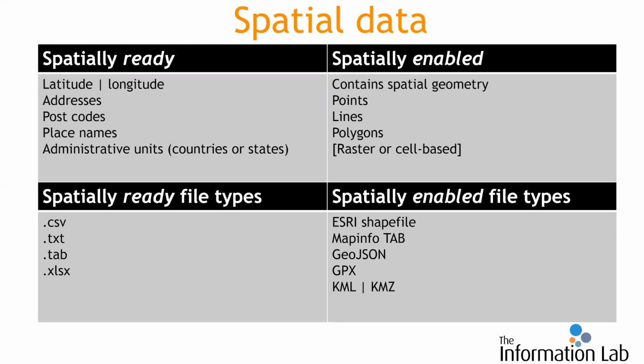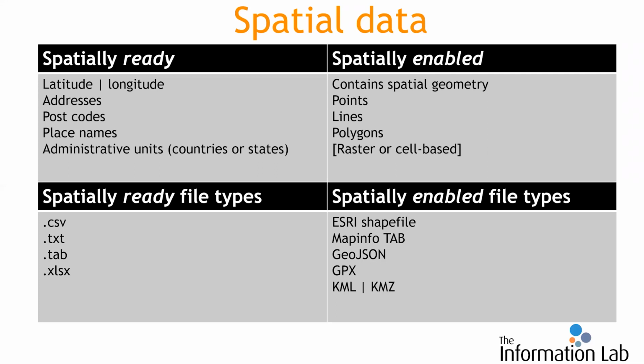Or we may have fields for which latitude and longitude can be generated, like addresses or place names or larger administrative units, like states, counties, or countries, for example. In terms of the data, we don't have a spatial data type here, only numbers or strings, text fields. But those fields are ready to be enabled spatially.